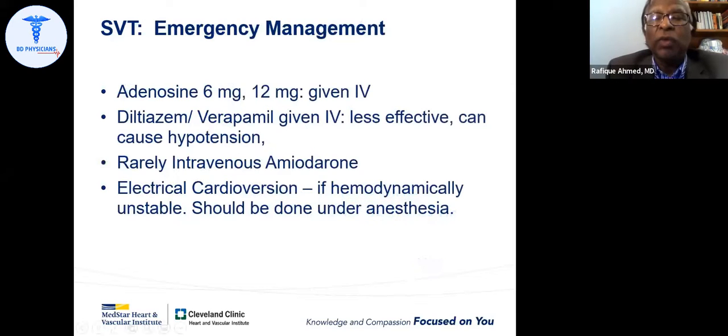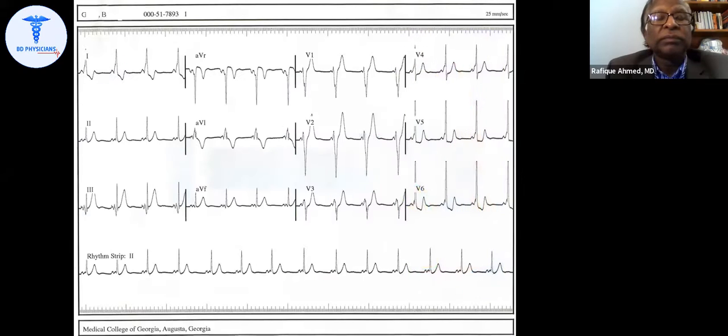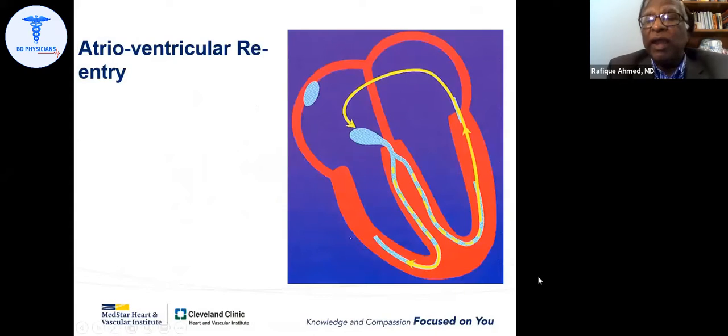Okay. So antidromic and orthodromic. Here, it is coming back, and it only applies to atrioventricular reentrant tachycardia. So what's happening here?